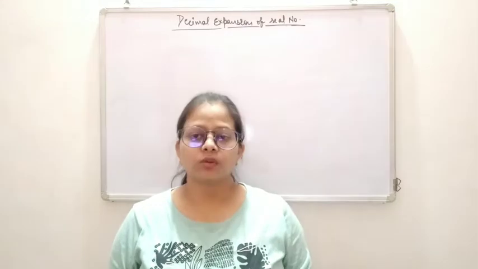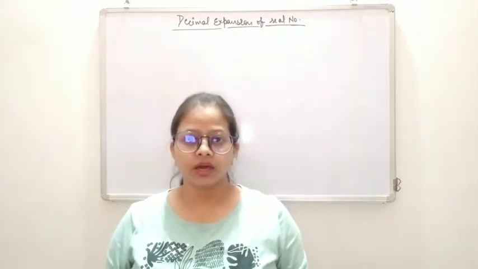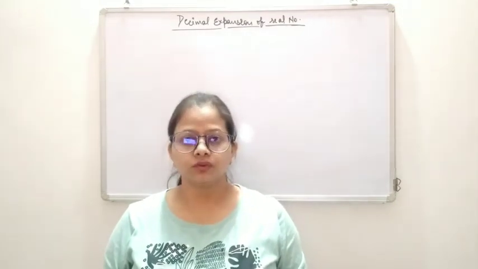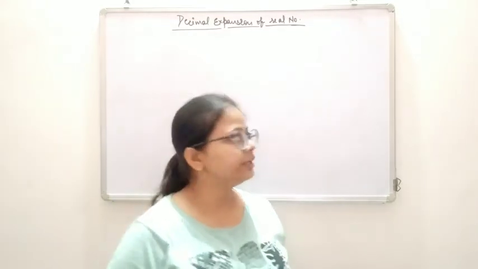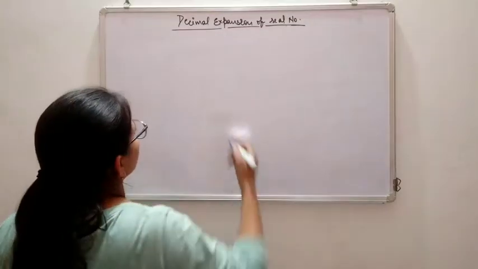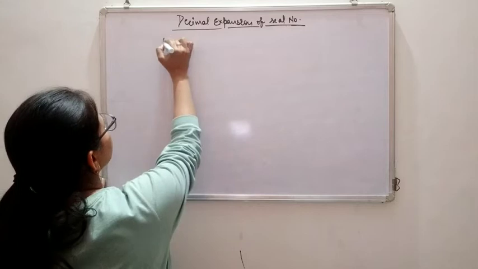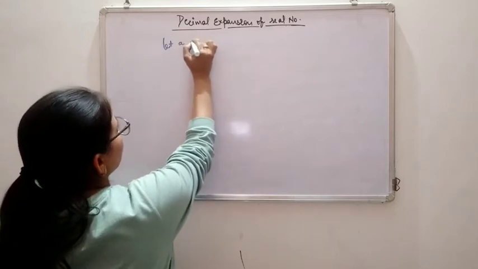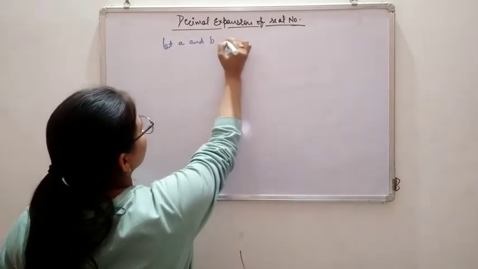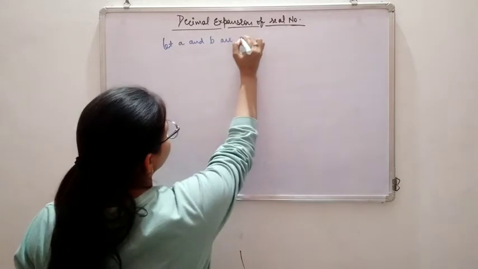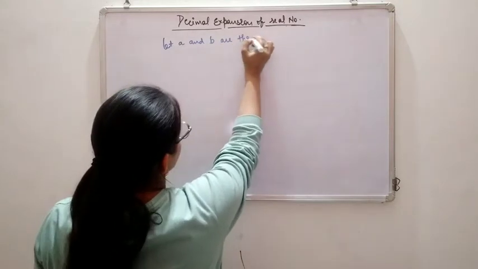Now let's talk about some identities of square roots which are very useful in solving questions related to it, right? So let's see what the identities are. Let A and B be real numbers, right?